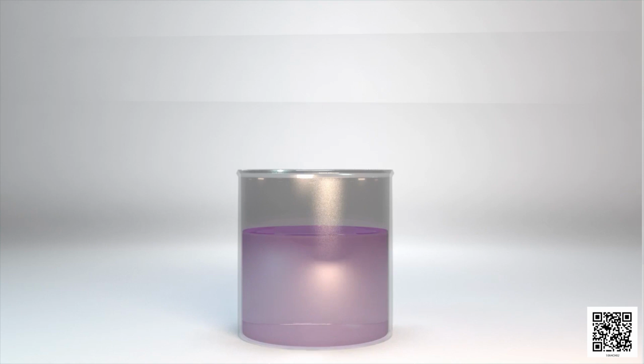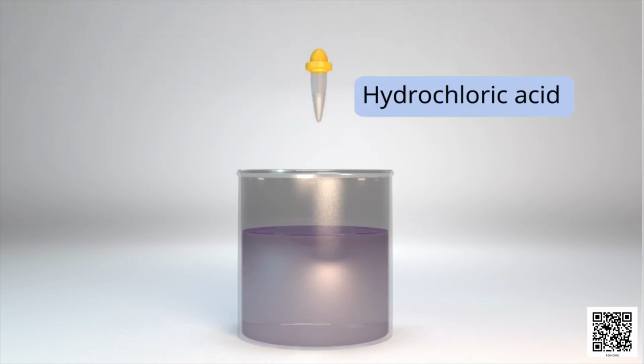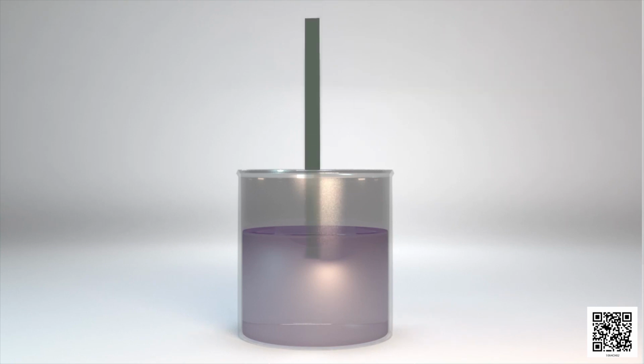Yes, the solution has turned pink because sodium hydroxide is basic in nature. Now, with the help of a dropper, add a few drops of dilute hydrochloric acid in this solution and stir again. Do you find any change in the color of the solution?